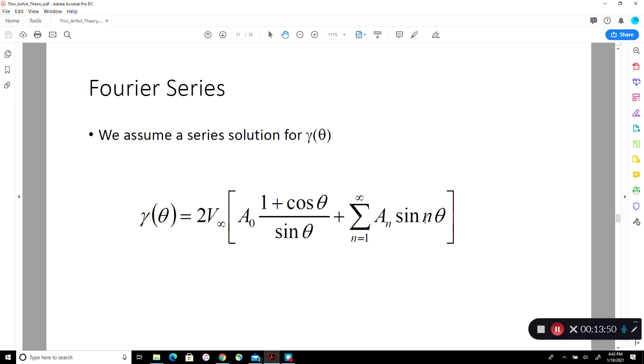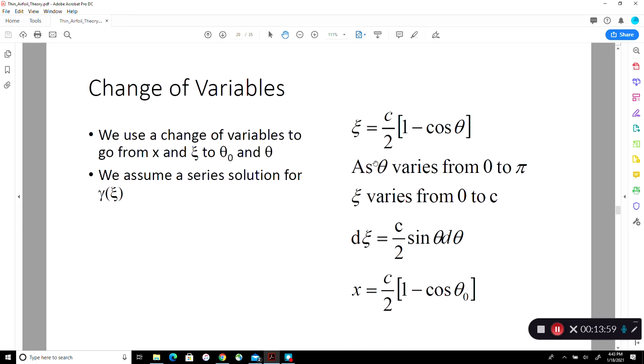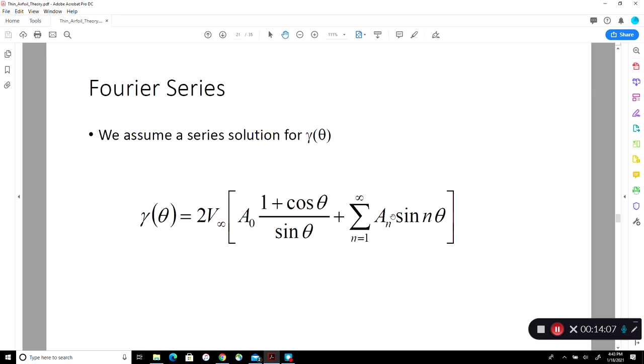What if you pick sine n theta, why not cosine of n theta? Because if you use cosine of n theta, remember theta goes from 0 to pi. So theta equal to pi is at the trailing edge. Cosine of pi is non-zero. That means the vorticity is going to be non-zero at the trailing edge. We know the Kutta condition says things should be going smoothly at the trailing edge.